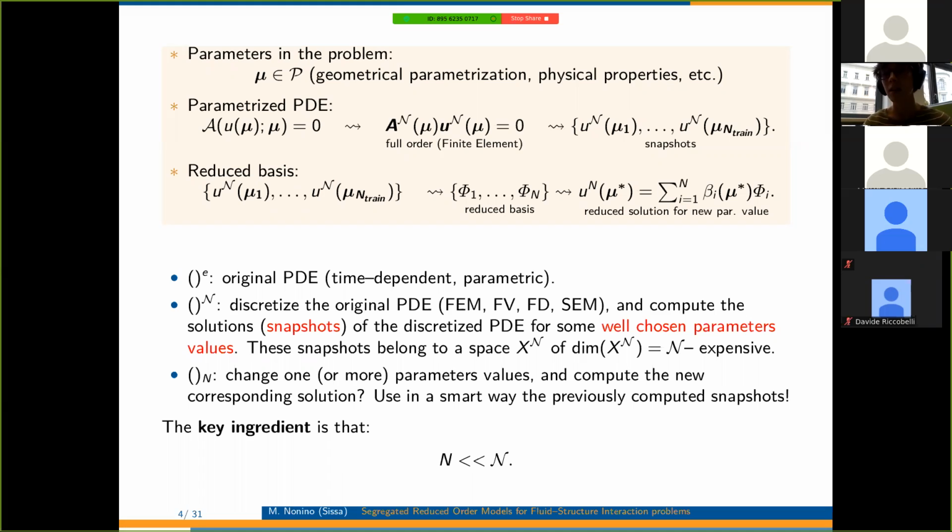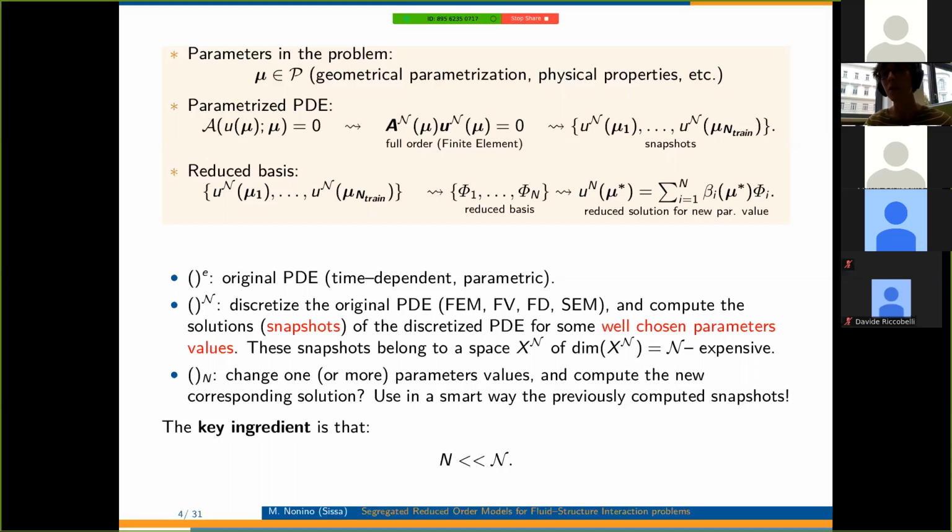And here, the solution, which in the reduced basis community is called snapshot, belongs to a space X calligraphic N of dimension calligraphic N.